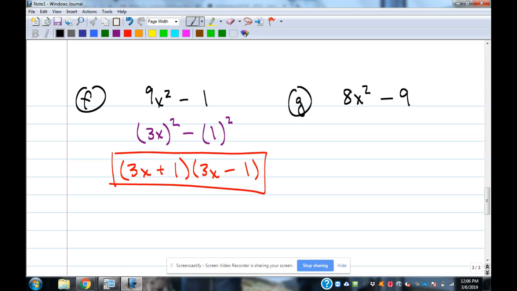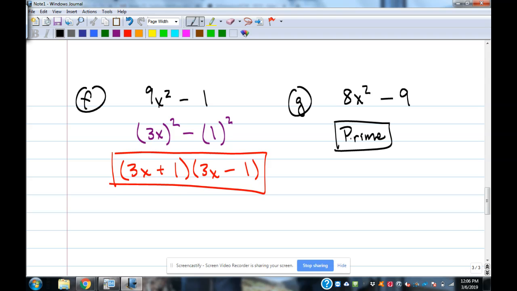It's not. 8's not a square number. 9 is, but 8 is not. So that means this is not a difference of squares. It did not meet the requirements. It had the right number of terms. It had the right sign in the middle, but it's not a difference of squares, which means it won't factor. So this would be one of those that's prime.